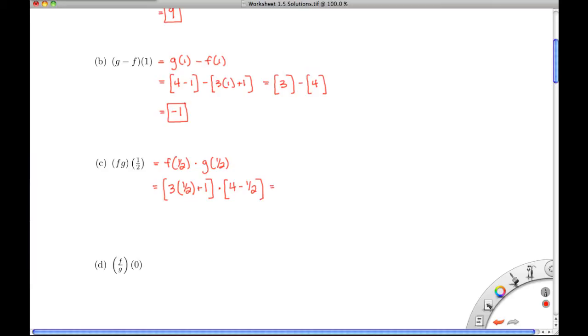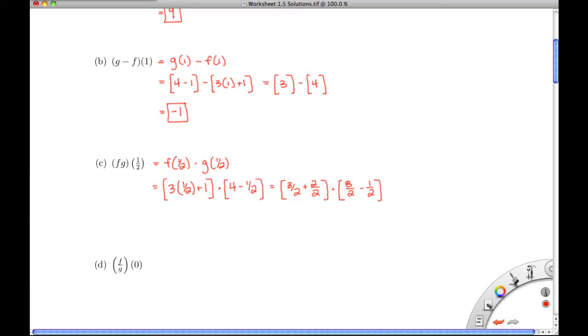Alright, so now some fun with fractions. This is going to give us 3/2 plus 1. Just to take a step here, we're going to need a common denominator, so we can think of 1 as 2/2. And then this is going to be times 4, which we could write as 8/2 minus 1/2.